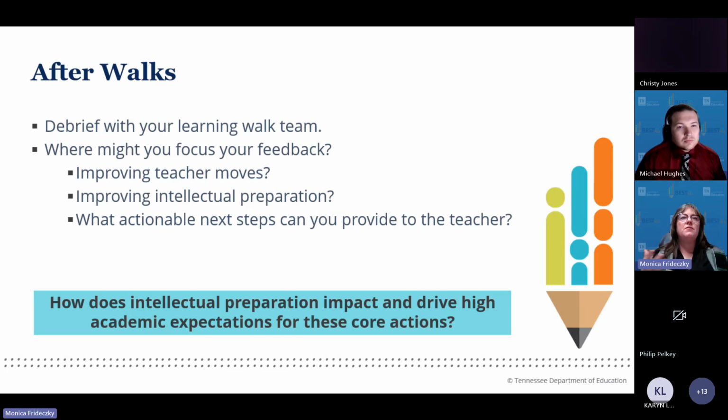When I've done the walks and debriefed with my team and come up with some actionable steps for improvement, that should inform what we're doing during our collaborative prep. It should be directly related to the feedback and the observations that were previously made, because that's useful for teachers.